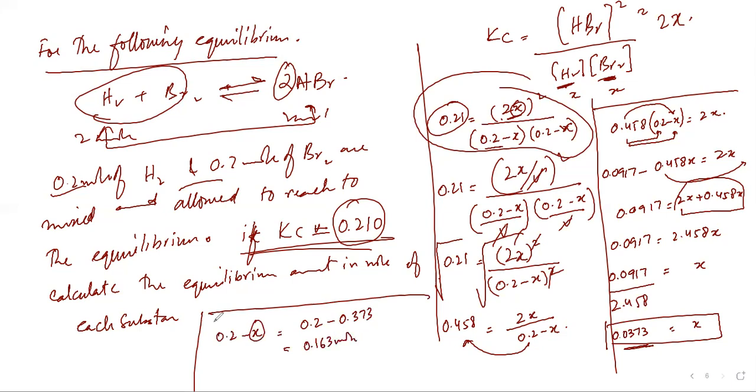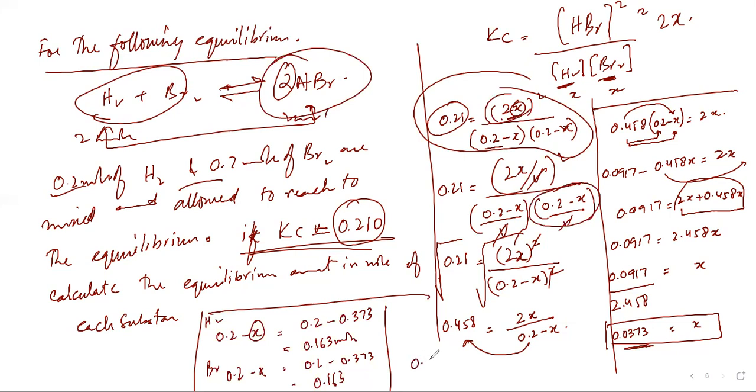And same for this is for hydrogen. और ब्रोमीन का भी सेम था, तो फॉर ब्रोमीन 0.2 minus x, so 0.2 minus 0.033, 0.163. But I have 2x according to equation.